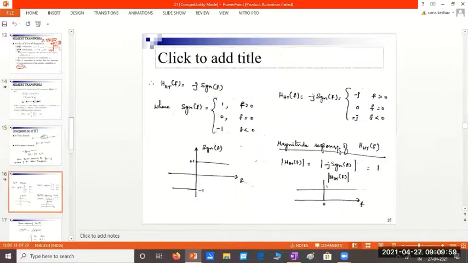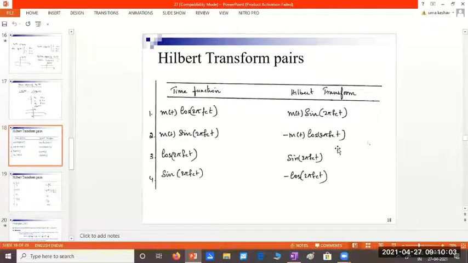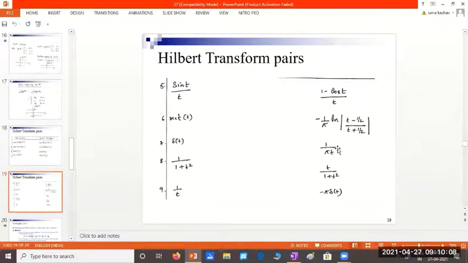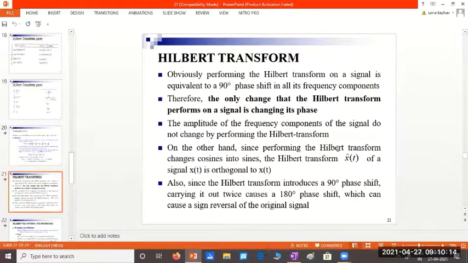With those things, I think we can move on. I showed you some standard functions and their Hilbert transforms. This is just an example of some standard functions after finding the Hilbert transform. We can do it for some of the functions a bit later. Next, let's move on to the properties of the Hilbert transform.